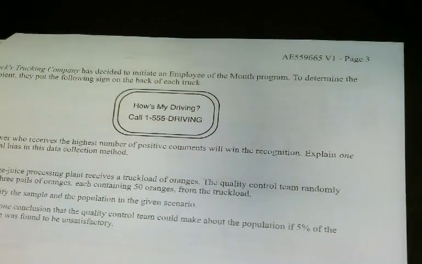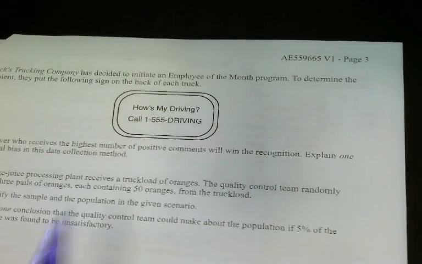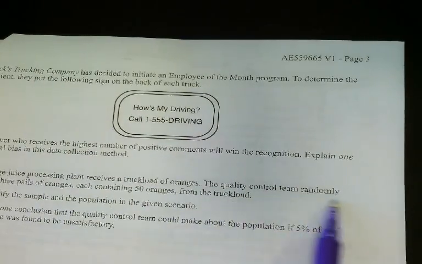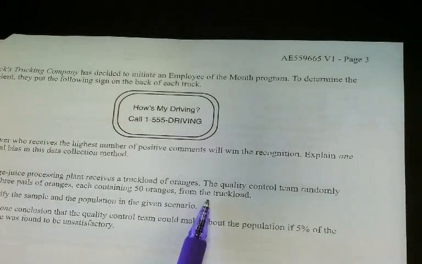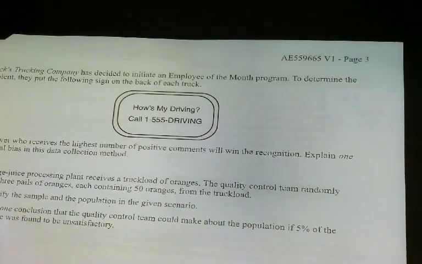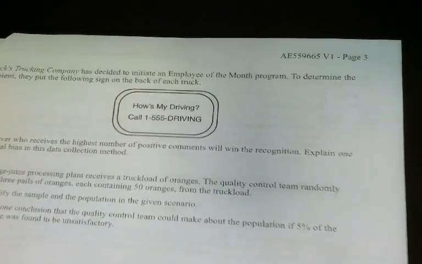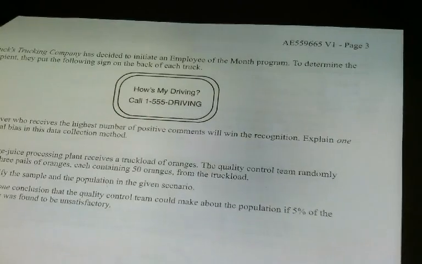Okay. 14, an orange juice processing plant receives a truckload of oranges. The quality control team randomly chooses 3 piles of oranges, each containing 50 oranges from the truckload. Part A, so take 30 seconds, identify the sample and the population of this scenario.